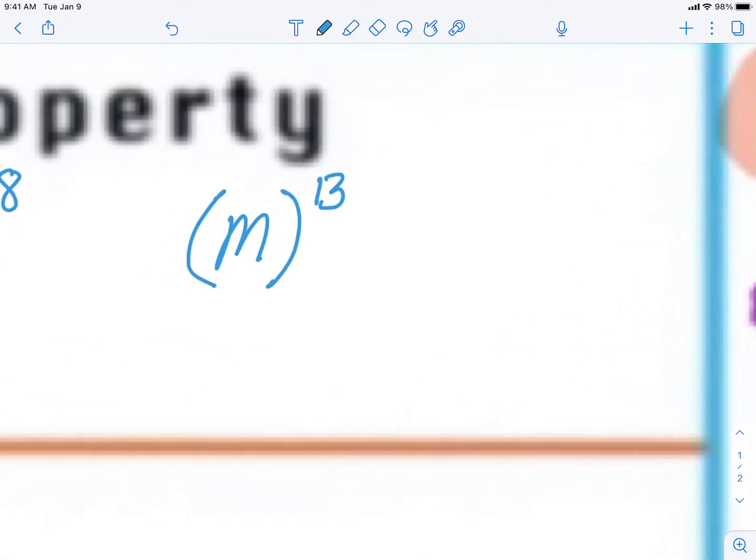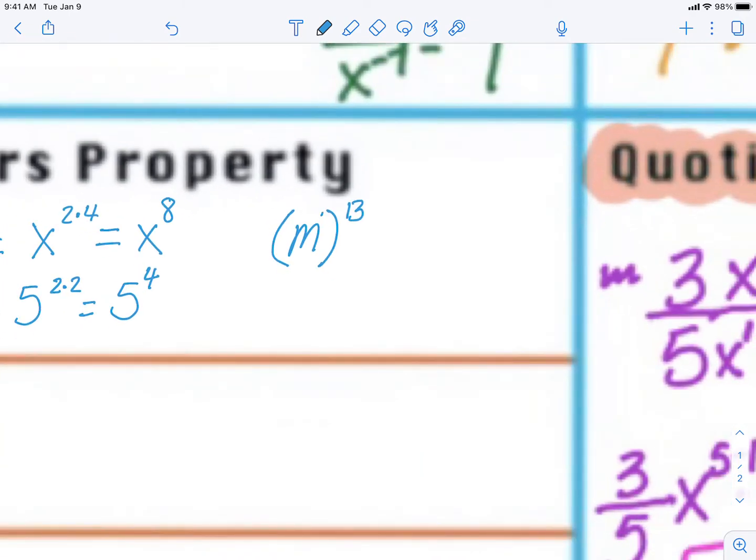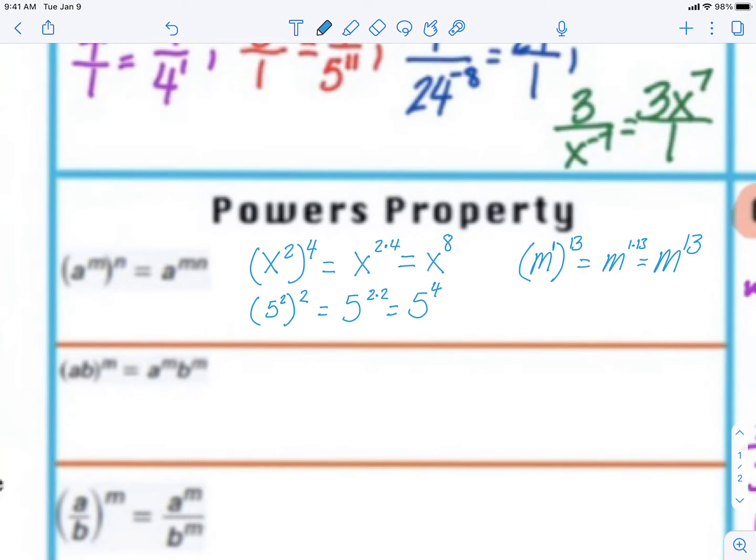What's with m inside the parentheses? Well, there's an invisible 1 here. Whenever a number or a variable has no exponent, there's an invisible 1. So this is equal to m to the power of 1 times 13, so 1 times 13, that's easy. We get m to the power of 13. And there you go. So that's the first rule under the powers property.